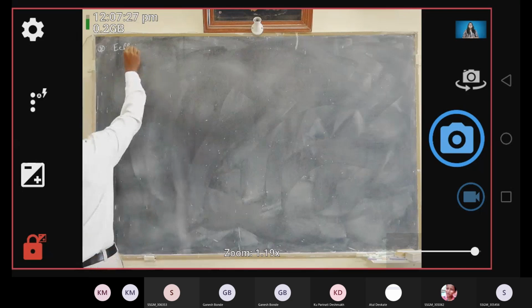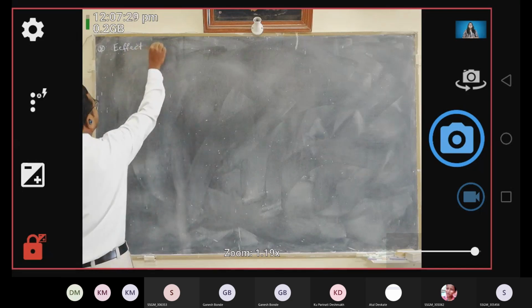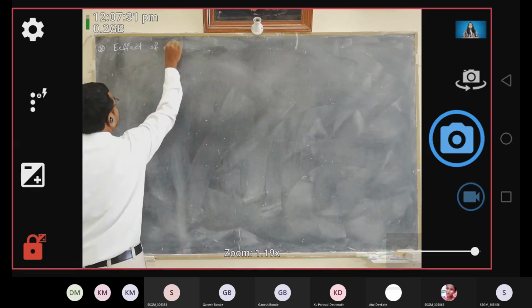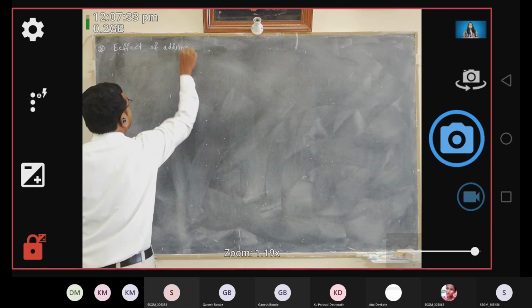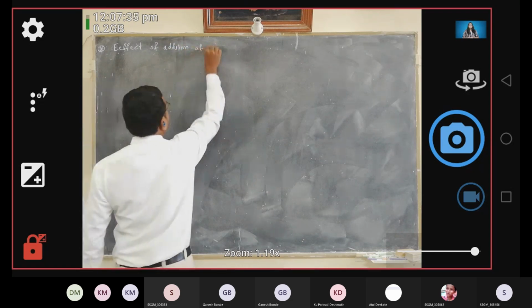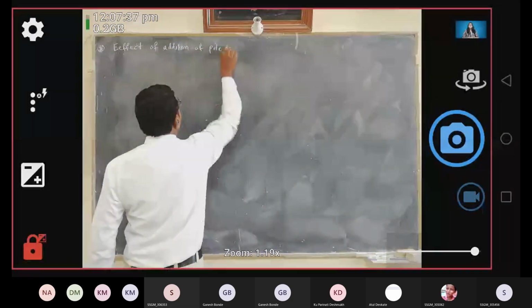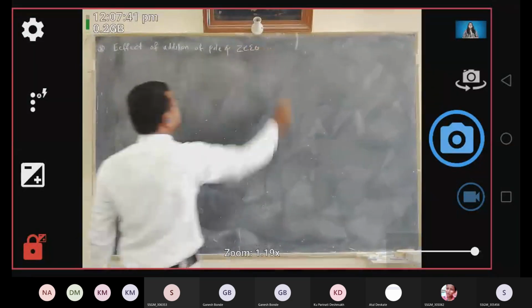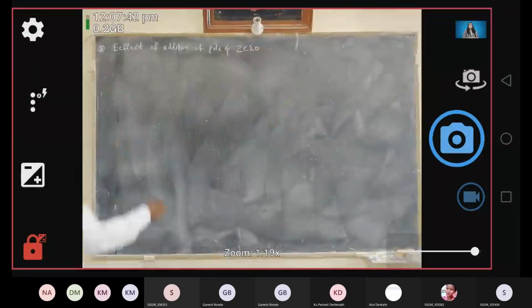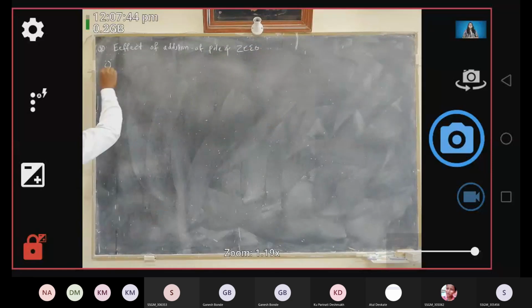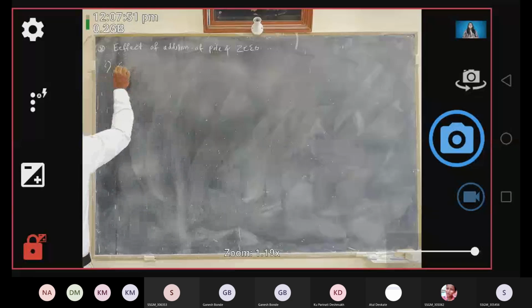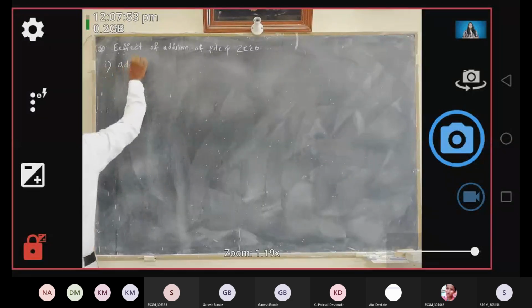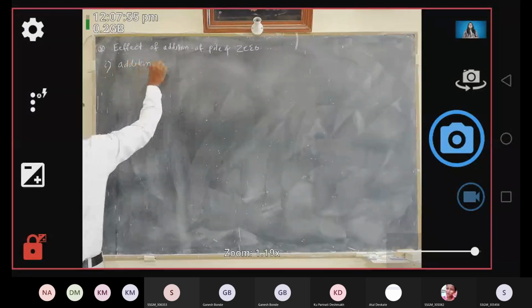So you just use the heading: effect of addition of pole and zero into the system. First, we will take addition of pole.